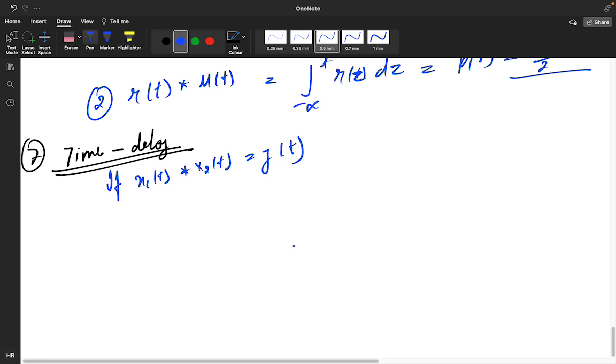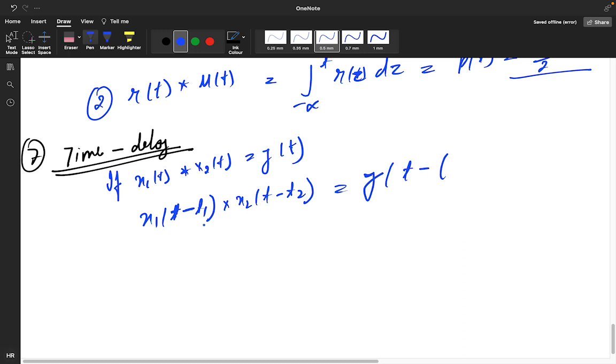Okay, now suppose you have x1 of t minus t1, we are doing a delay, and in the same way I am doing x2 of t minus t2 delay, then the net result will be y of t minus, both will get added, t1 plus t2. Okay, minus t1 minus t2, so the result will be this.